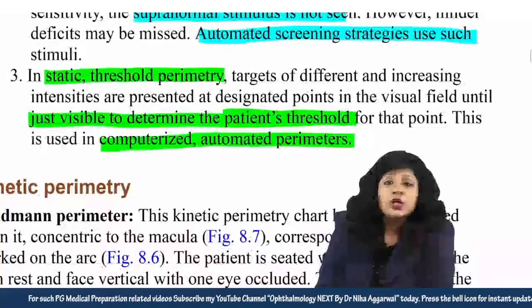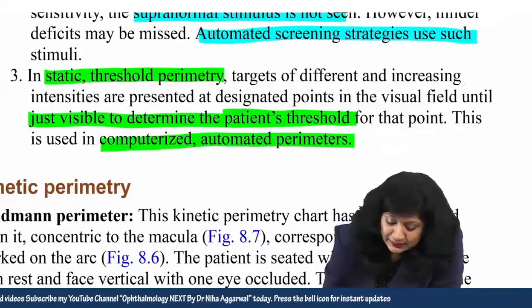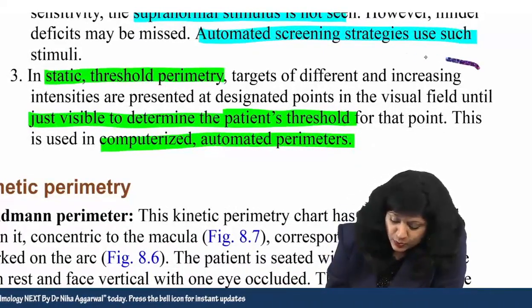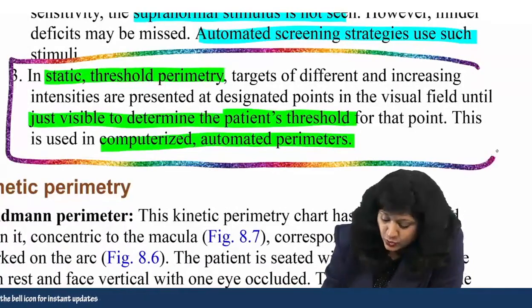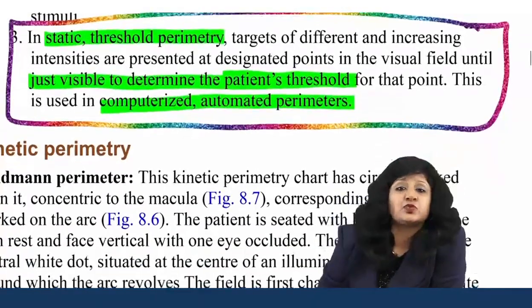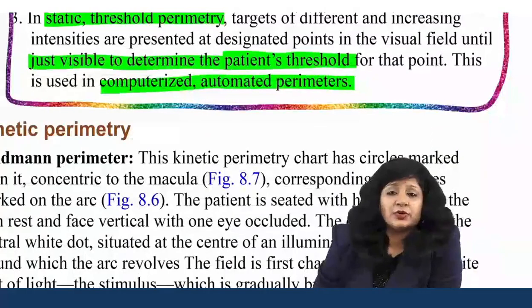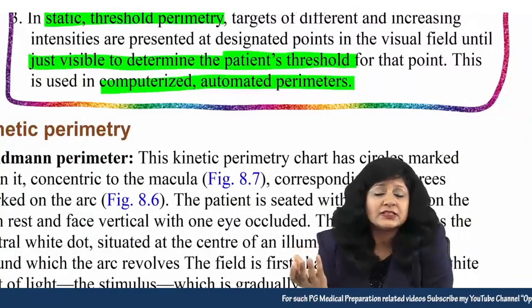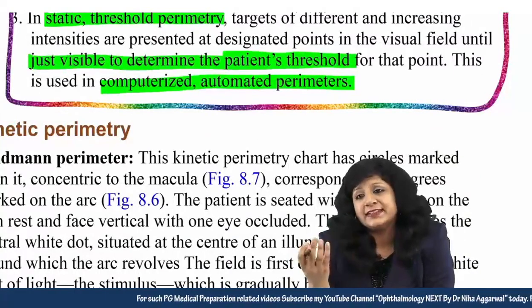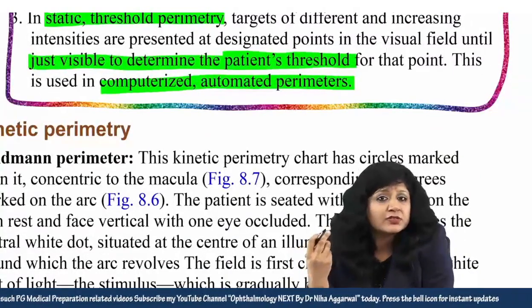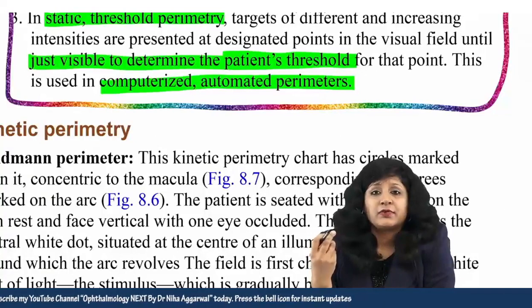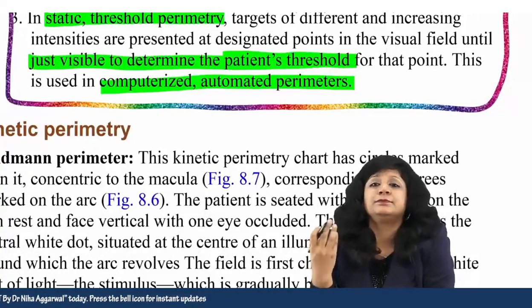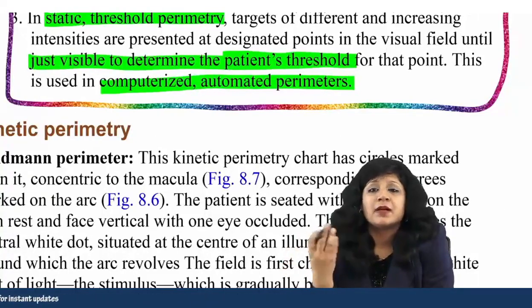For all practical purposes, the one that we are using most commonly is the static threshold perimeter, in which you are using stimulus of different intensities, and you are going to record the smallest one which is required for the patient's perception, and that will become the threshold for that patient.